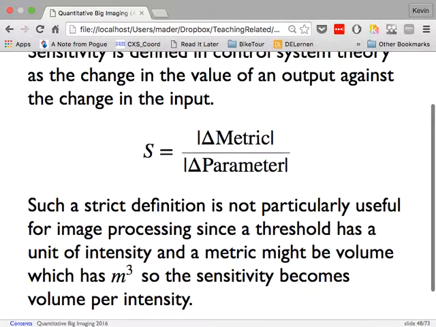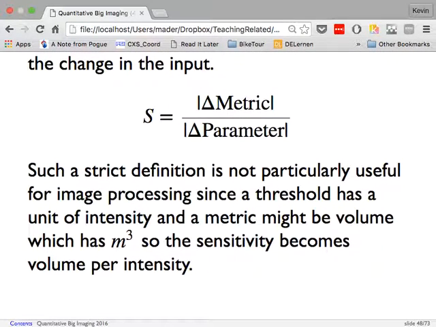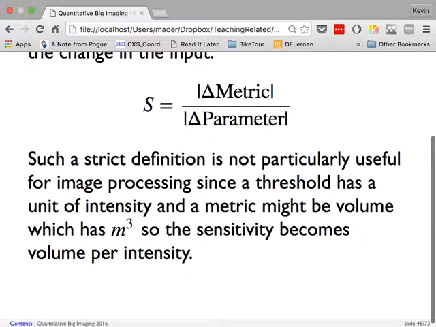This comes from material science and other fields, and the units don't always make sense. If you're looking at a metric that's volume and your parameter is threshold, then you're looking at meters cubed per intensity unit, which probably doesn't mean very much. But the idea is to look at the shape that this curve has.